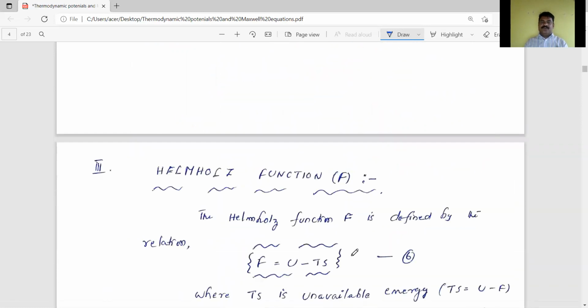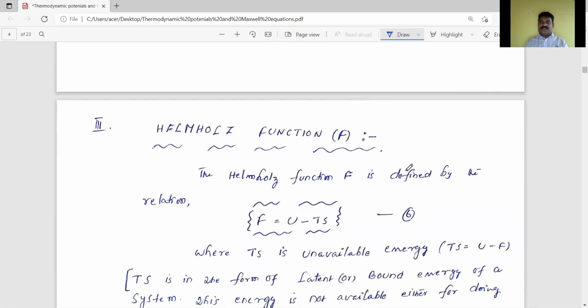Similarly, after that, we have seen the Helmholtz function. What is the Helmholtz function? It is defined with the relation F equal to U minus TS. Here, U is the internal energy and TS is the unavailable energy. If you subtract this unavailable energy from the internal energy of the system, you get the available energy in the system.